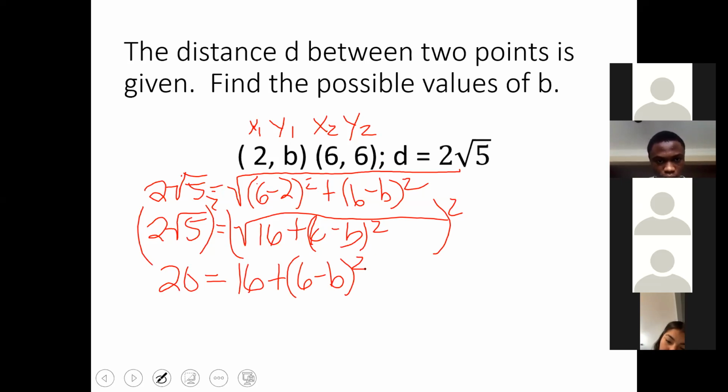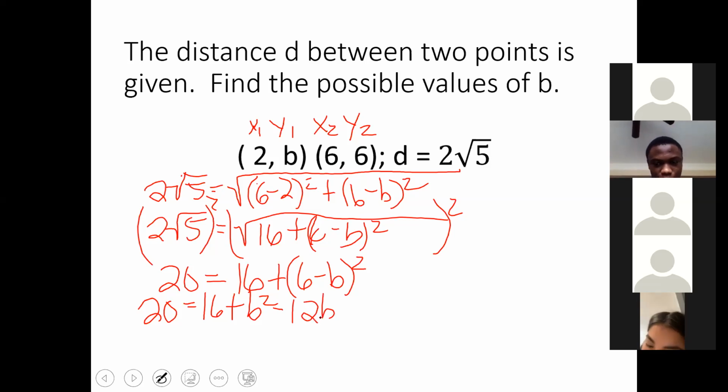All right. Now 6 minus b squared, we rewrite that. 20 is equal to 16 plus b squared. I like to put my variable first. Minus 12b plus 36.